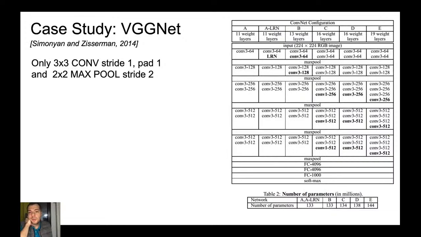Okay, so next we discuss about VGG. So after the introduction of AlexNet, the visual geometry group from Oxford proposed this network, which got its nickname from the group from Oxford, the visual geometry group, so short VGG.